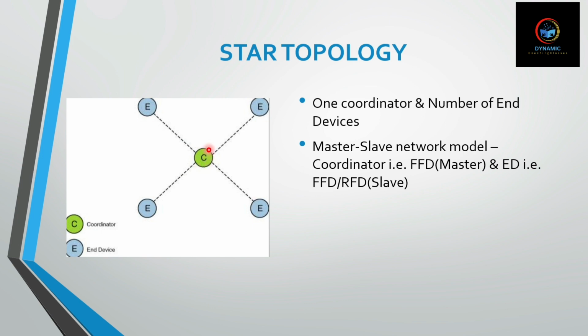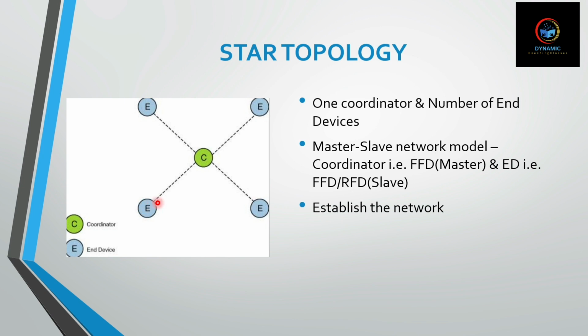It acts as a master for this network, and these end devices, which can be FFDs or RFDs, act as slaves. This is how the star topology adopts the master and slave model.